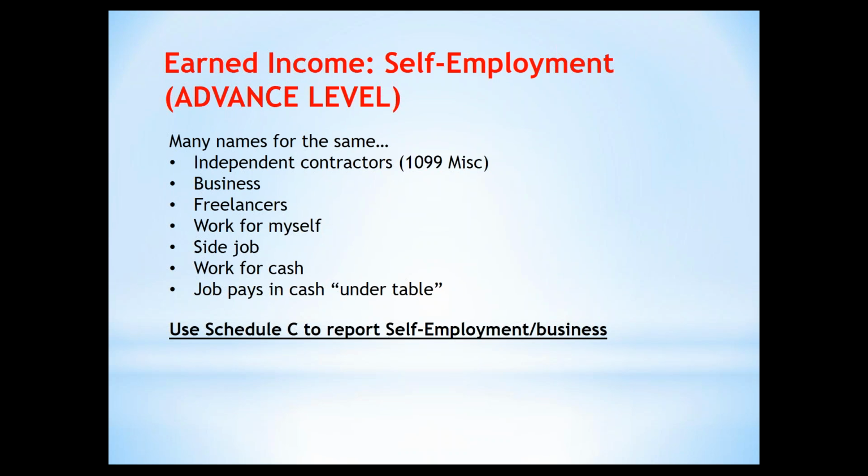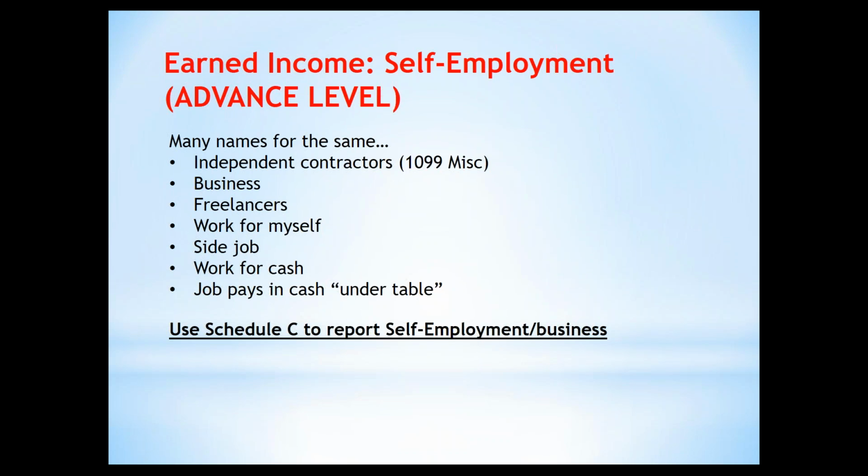It can be anybody that has income reported on 1099 miscellaneous forms. It may be a personal business that they own. It could be a freelancer, somebody that works for themselves, or somebody that just earns cash on the side or under the table. So those are all very different terminology for it, but that's what it is. You're supposed to report that income always on a Schedule C.